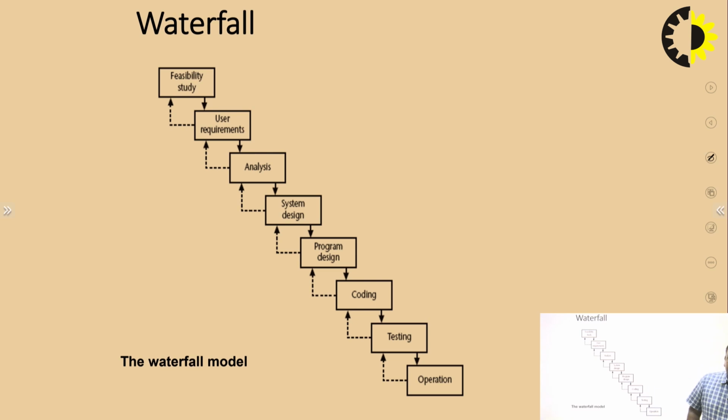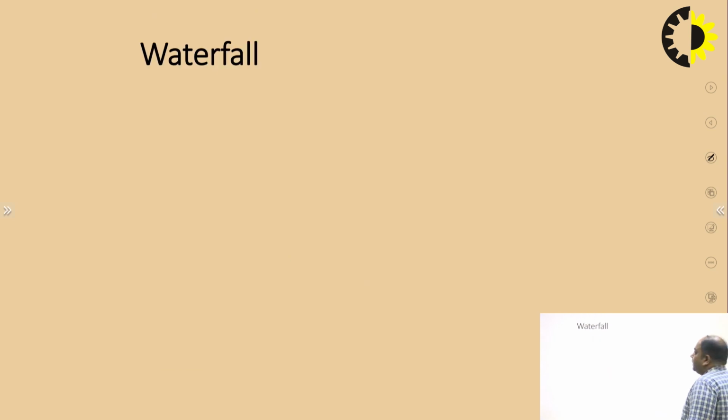After analysis, we do design, system design and program design. On the basis of this design, we do coding based on some technology. After coding, we do testing, where we check whether the project is working properly or not. After testing, we do operation or implementation.